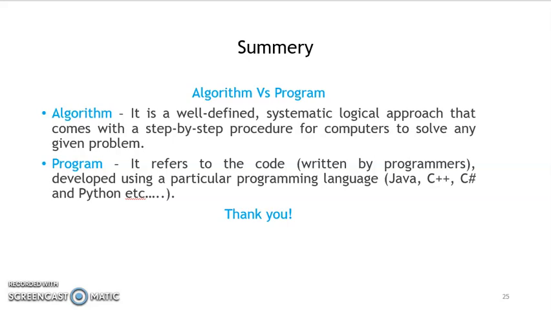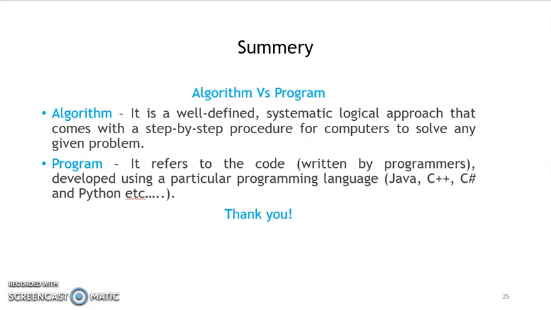When we say program or instruction, it refers to code written by a programmer using a number of programming languages. We can use Java, C++, C Sharp, Python. These are what we always call high-level programming languages, which we can use to develop programs.